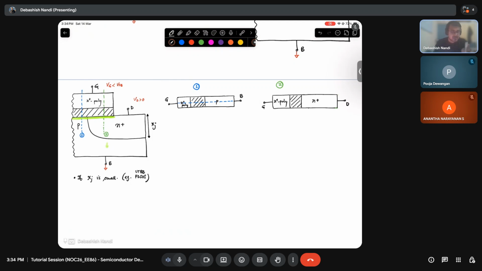But there will be an insulator in between. If time permits, we'll discuss those things, otherwise not. For the timing, this is the simple case you have. So, what is your gate voltage? Gate voltage is negative.